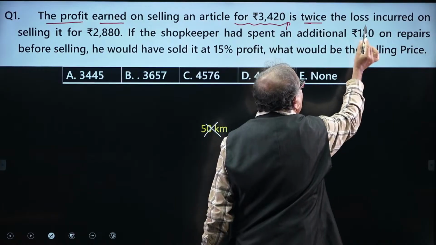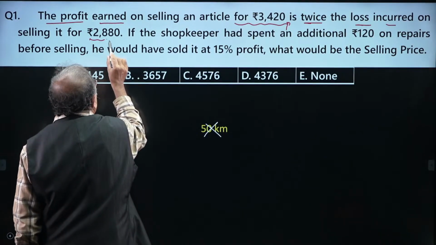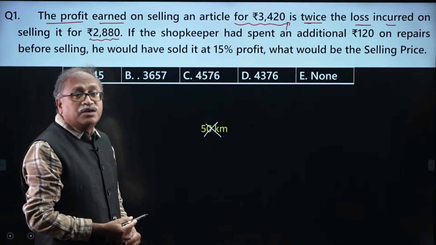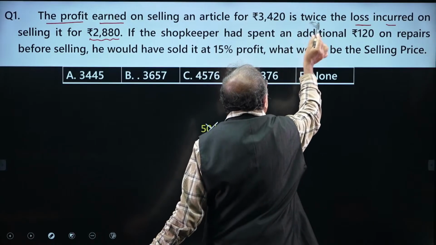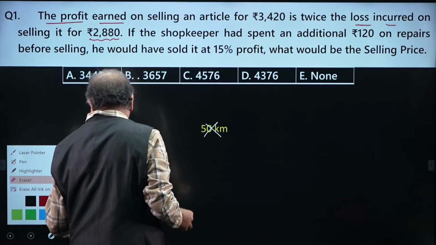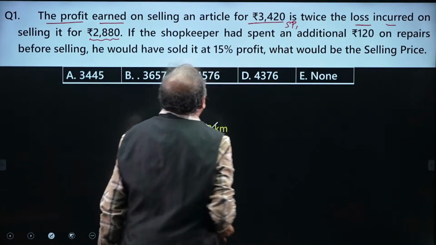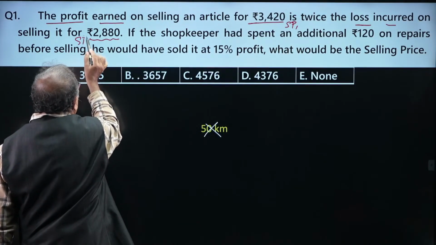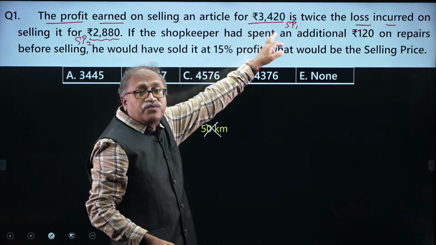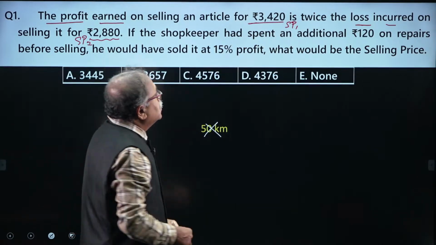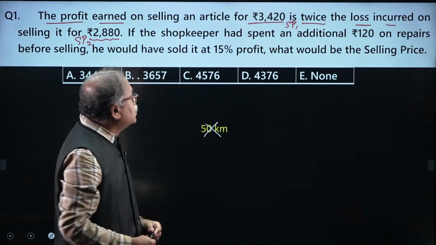And the profit is twice the loss incurred on selling it for rupees 2880. This is SP1 and this is SP2. In the first case there is a profit, in the second case there is a loss, and the profit is twice the loss.